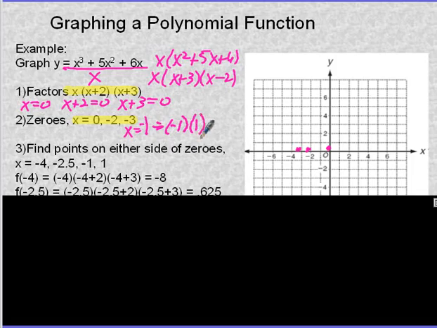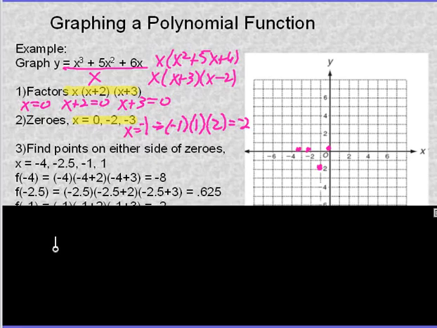So I have a point at (-1, -2), which is here. And then I did similar things for -4. When x is equal to -4, I have a point at -8. So that's (-4, -8), which is here.